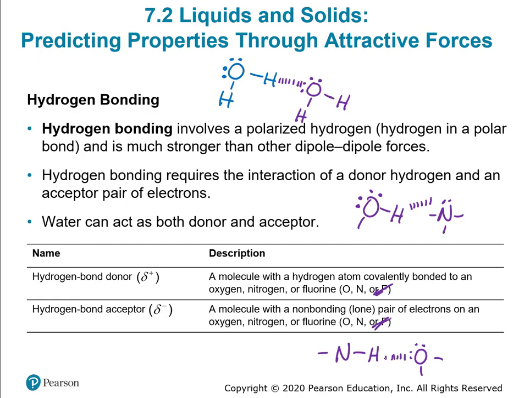So if one oxygen or nitrogen has a hydrogen, and there's another nitrogen or oxygen around, that will create hydrogen bonding. This happens in proteins. This happens in the nucleic acids. This is what helps hold the double-stranded helix together. So in living systems, this really does come into play.